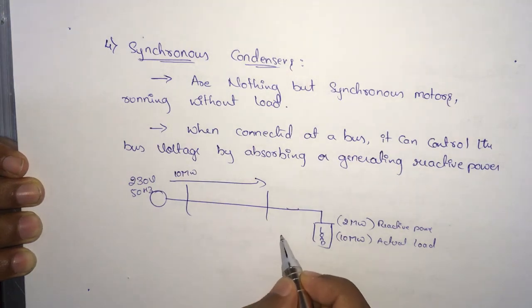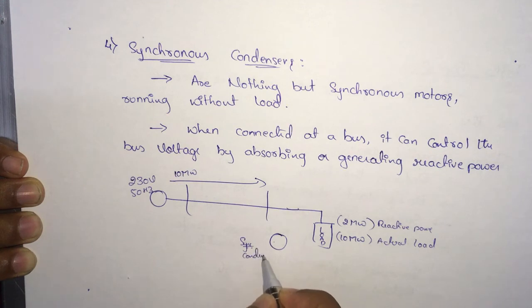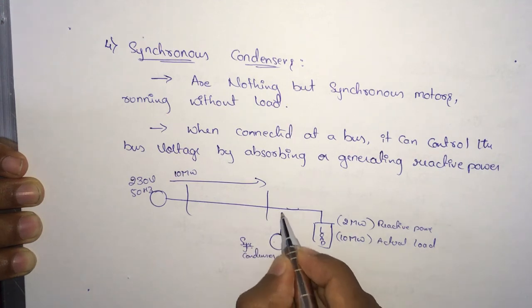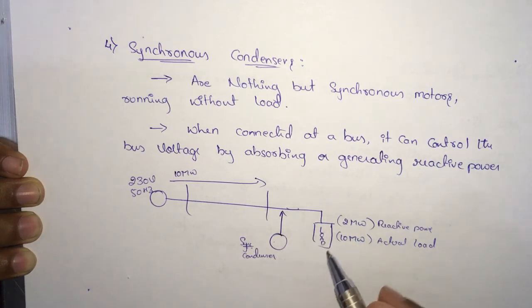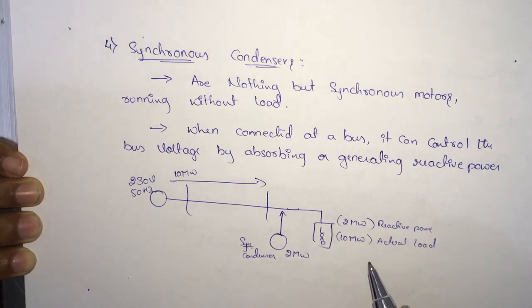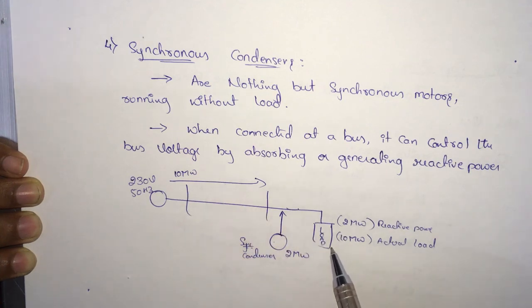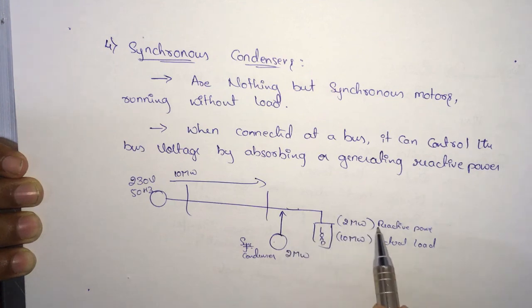If we place a synchronous condenser connected near the load, it supplies the 2 megawatt, which means the synchronous condenser absorbs this burden, so that 10 megawatt is supplied to the load of 10 megawatt, and the synchronous condenser supplies 2 megawatt, compensating the reactive power of 2 megawatt.